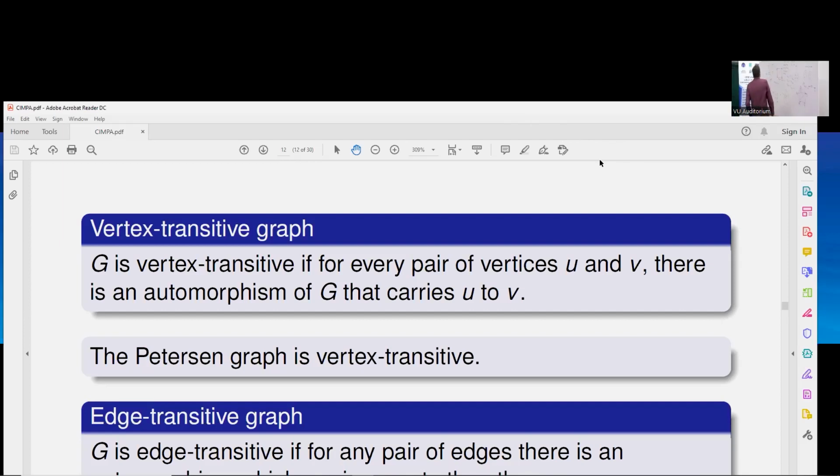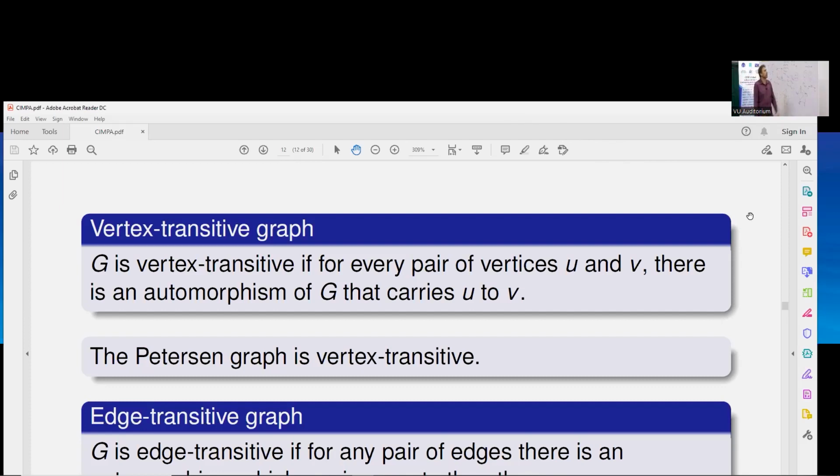So do you think this graph which is mentioned here is vertex-transitive or not? No, because there is no automorphism which carries this vertex to this vertex, as we mentioned. You might be arguing and say, no, but there is an automorphism which carries this vertex to this vertex. Or there is an automorphism which carries this vertex to this vertex.